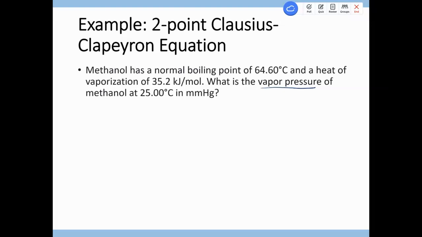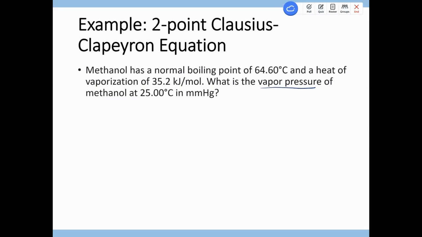We're using the same equation. We're solving for a pressure value. So we must have all the other information that's needed. In that first statement, methanol has a normal boiling point of 64.6 degrees Celsius. That gives you more information than you might immediately see. Remember that for something to boil, its vapor pressure equals atmospheric pressure.